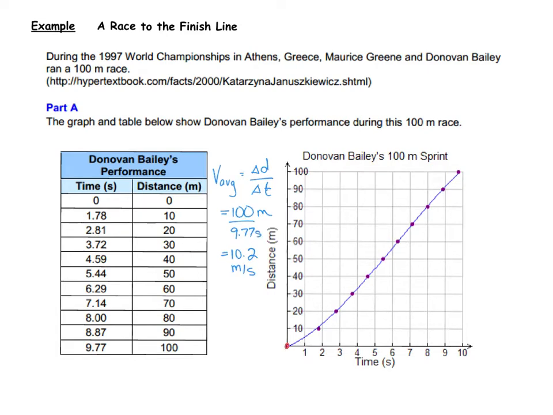Okay, so our secant line from 0, 0 to 9.77, 100. And then this line right here, very hard for me to draw a straight line in this particular one, but that is our secant line. Okay, and a reminder that the slope of this secant line is equal to the average rate of change.